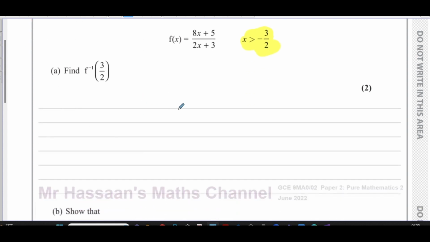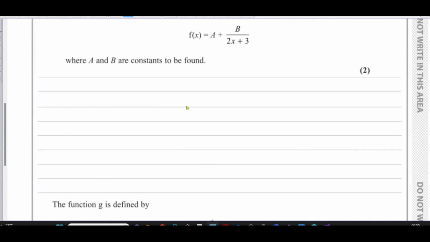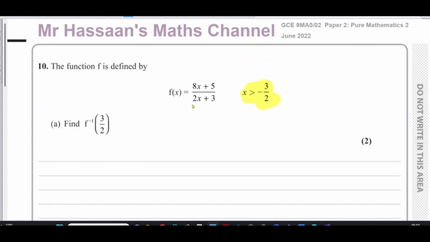But there are a few shortcuts that we can use. Here, we're not actually asked to find the inverse function algebraically in terms of x. So a quick way of answering this question, which would be worthy of just the 2 marks that it's worth, would be to think of a different way of doing it.